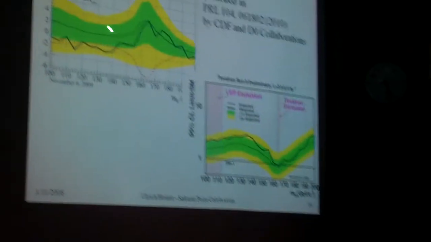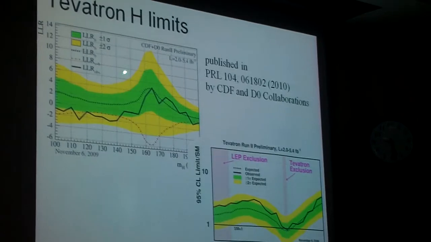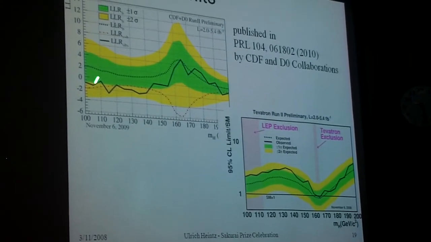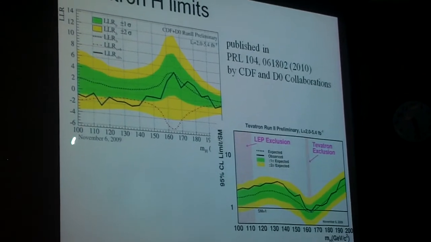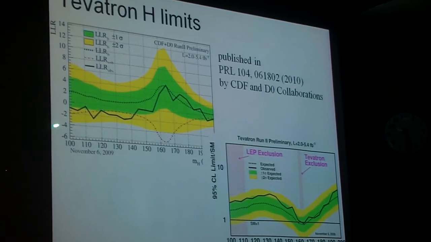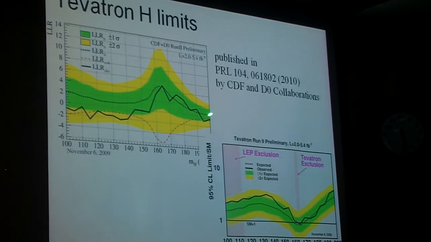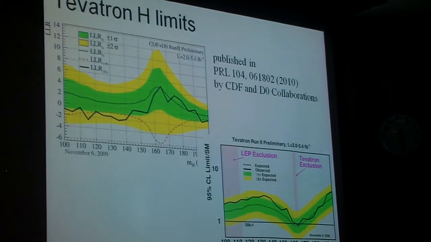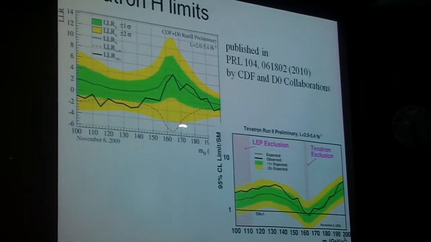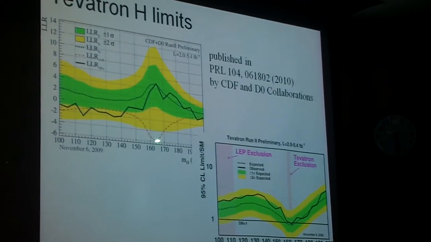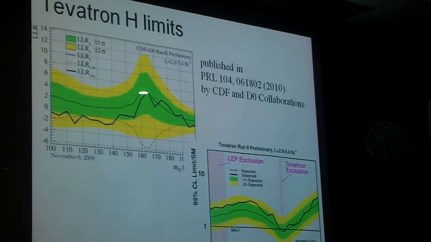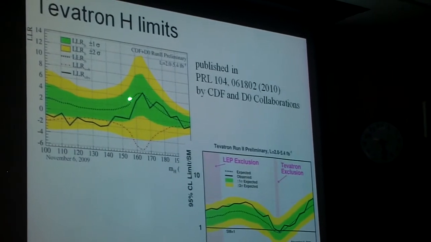So 68% of the time you should be within the green band, and then I think 90% of the time you should be within the yellow band. Now, what you actually see when you analyze the data for the presence of different Higgs masses is this black line here. And the red line is the line that you would see if there were a standard model Higgs boson at this mass. And you see, for example, if you go to 160 GeV, we should be measuring a value of -6 here, and we're measuring a value of 4, which is exactly what you see if there's no Higgs boson.